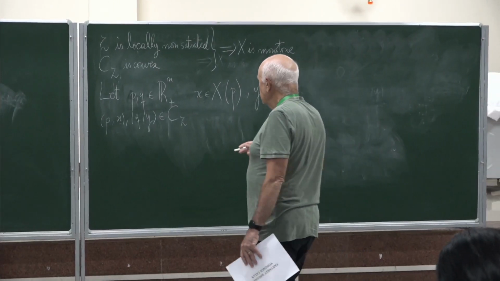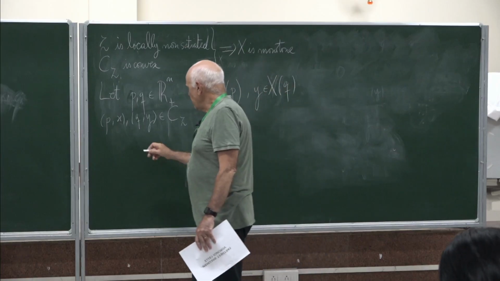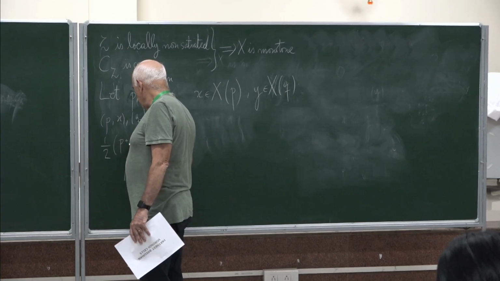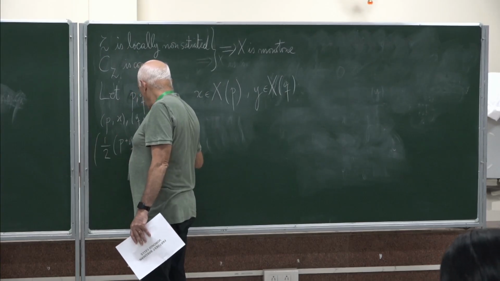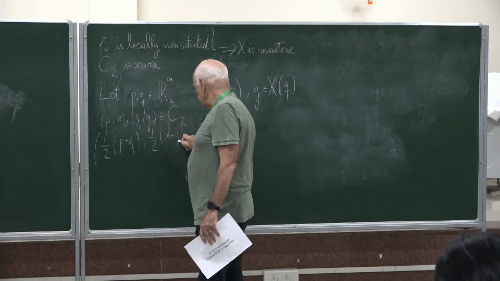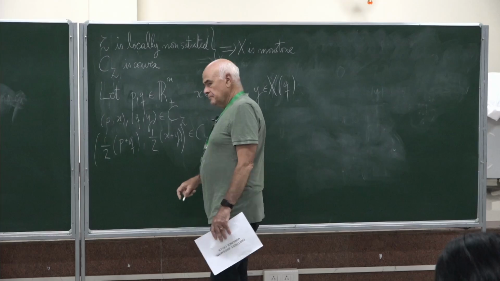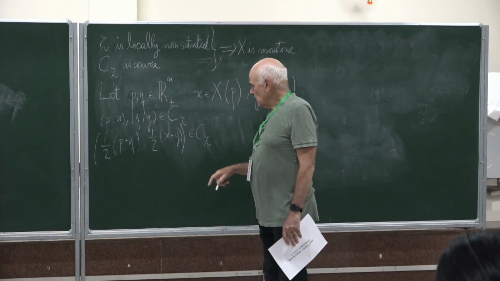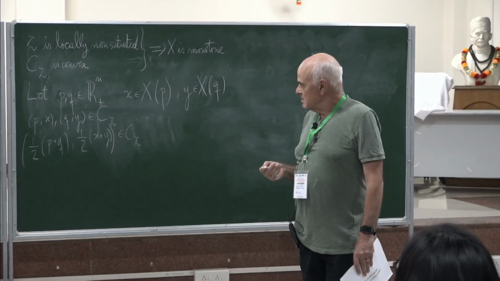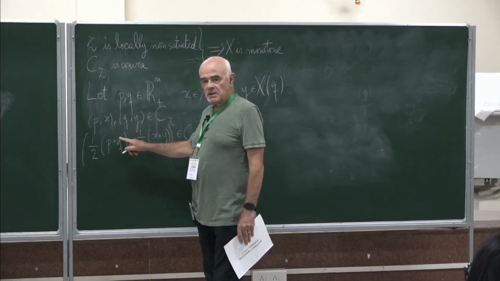Then, because we are assuming convexity, we have that the pair 1/2 P plus Q, comma 1/2 X plus Y, belongs to C. I don't know anymore if 1/2 X plus Y satisfies the budget constraint under these prices or not.